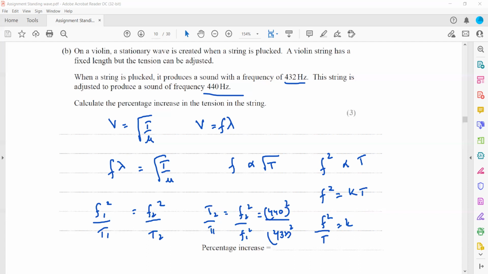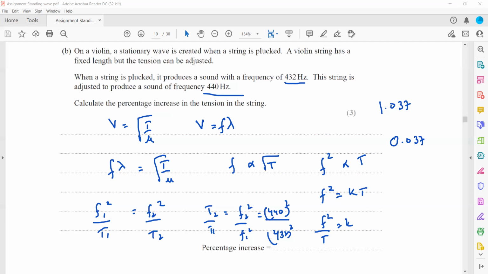So the ratio has changed, this is 1.03. What does it mean in terms of increase? If this ratio was 1, it means there was no change. But if we are getting 1.037, and we convert into percentage, it tells us how much it increased. If the two frequencies were the same, this value would be 1.